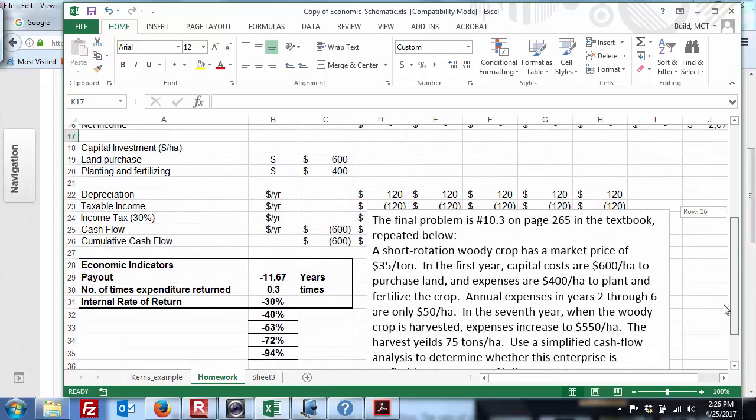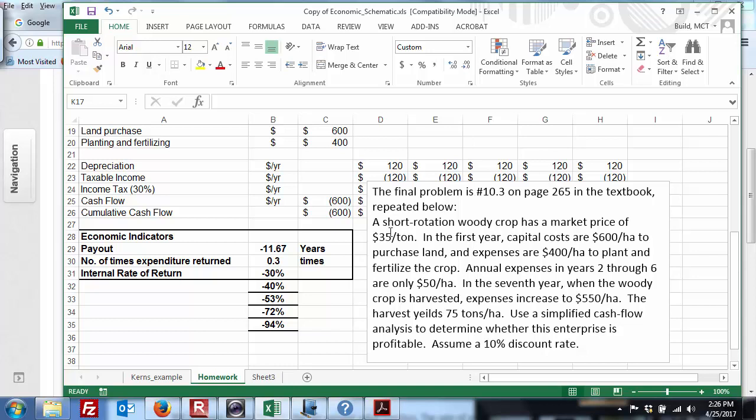There's another cost. So we've got 35 a ton, 400 additional, annual expenses in years 2 through 6 of 50.